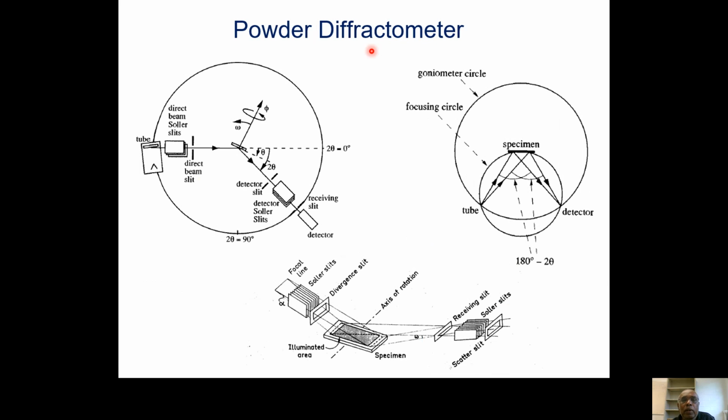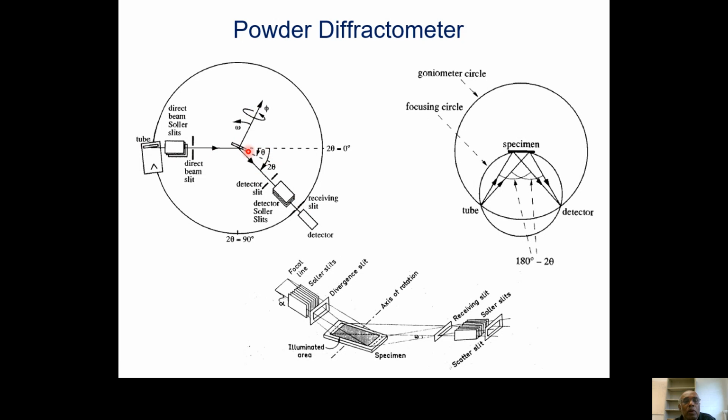Then the powder diffractometers, there are different types. Here I show you how things are happening. You have the X-ray tube here, then the X-ray radiation comes here and falls on the sample at the center of this goniometer circle. Then you can measure the diffracted light. This is the 2 theta curve.